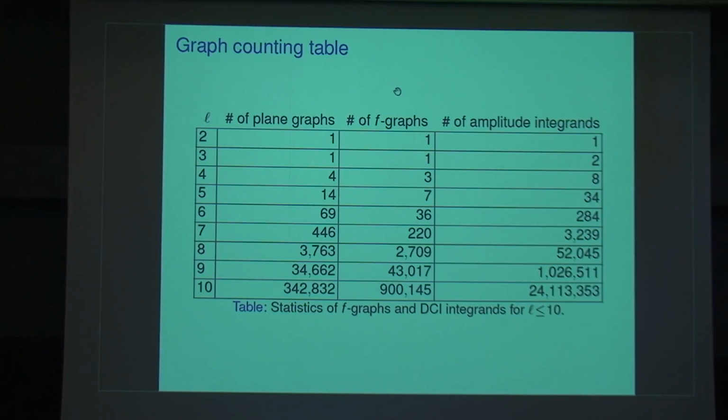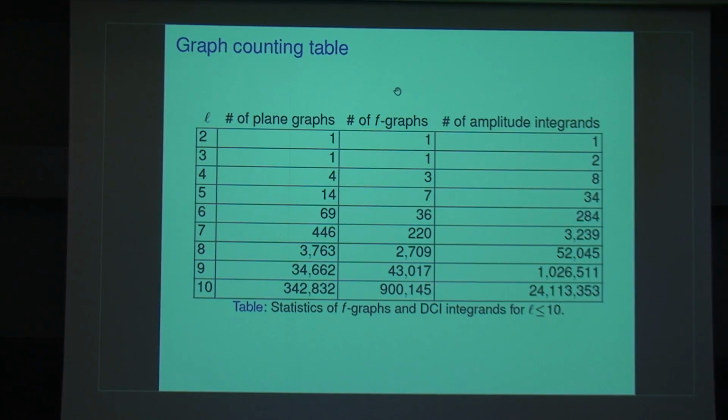These are, by the way, the starting plane graphs where you look for all graphs of degree greater than or equal to 4. And you see that to begin with, there are fewer F graphs because not all of these graphs can be uplifted to F graphs. But later on, you can put the numerators on in so many different ways that you end up getting more F graphs than plane graphs.